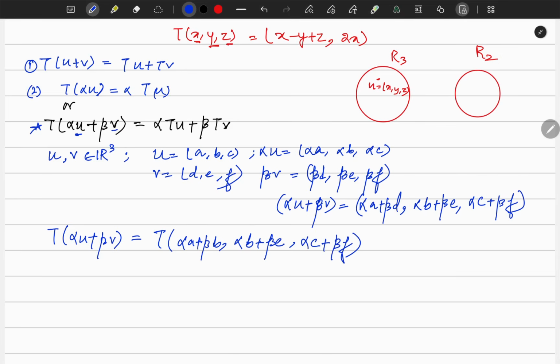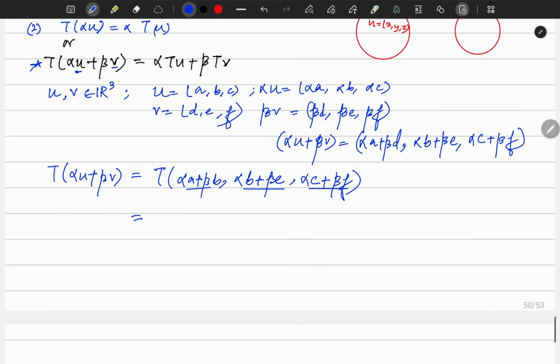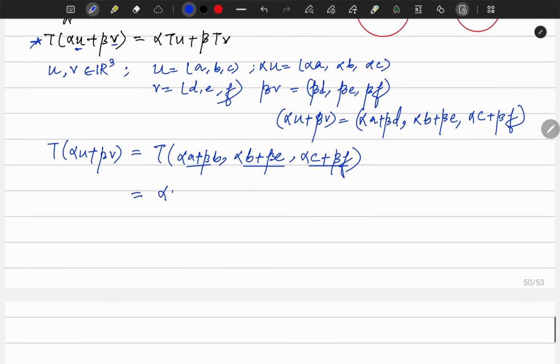Now this is my x, first coordinate, this is my y coordinate, this is my z coordinate. When I apply the T, T says first subtract the 2, then add the third. So that means alpha a plus beta d minus alpha b minus beta e, at the third plus alpha c plus beta f.